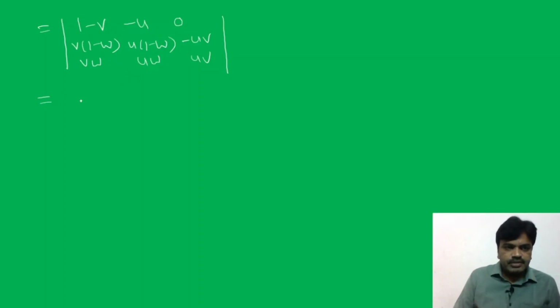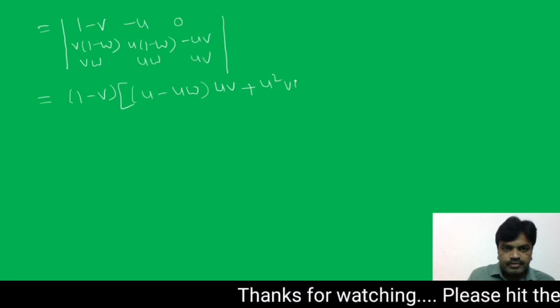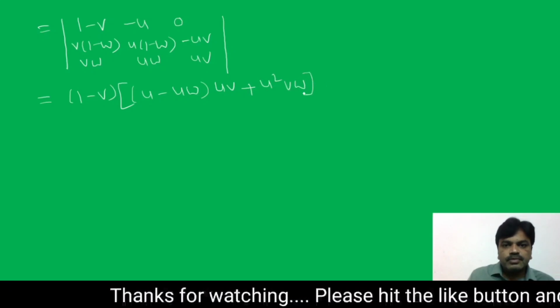Expanding the determinant, that is equal to 1 minus v, bracket, multiplied with u: we get u minus uw into uv, minus, already we have minus, minus into minus plus uv into uw, so that we get u square vw, bracket close.